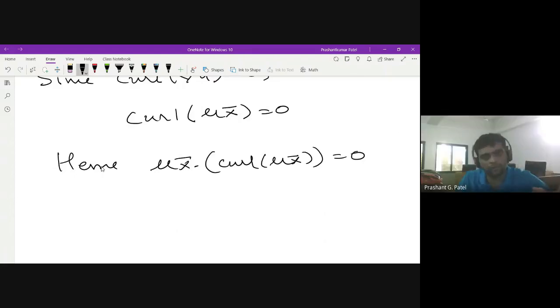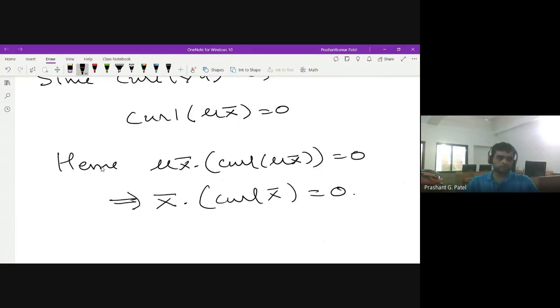And in the previous lemma, what we have proved is that mu x bar dot curl of mu x bar is 0 implies x bar dot curl of x bar is 0, or I can say the converse of the previous lemma, which implies that x bar dot curl of x bar is 0.